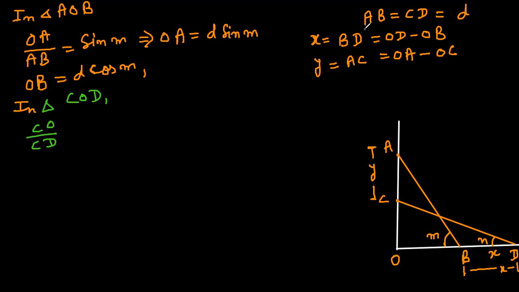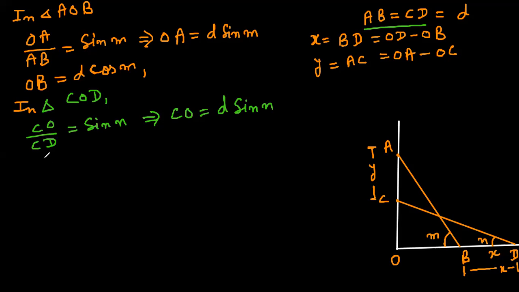As you see, AB and CD both are equal to d. So CO divided by CD is opposite by hypotenuse again, that is sine of n. In place of CD, we can write small d. So this will imply CO is equal to small d sine n. Now, n is the angle theta, all right?